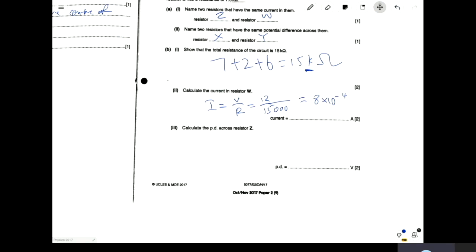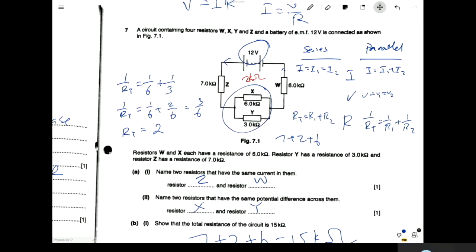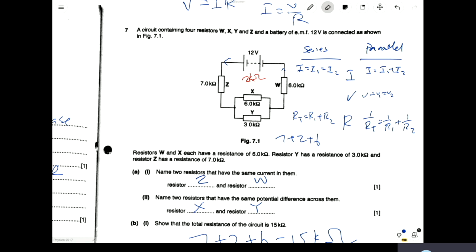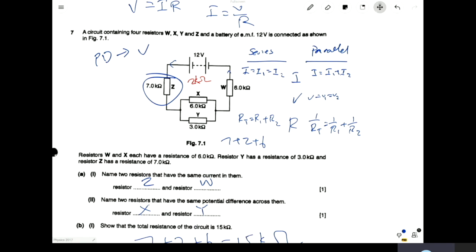Then next, calculate the PD across resistor Z. So where's resistor Z? Where is Z? 7 ohm. Yeah, 7. So what is PD? Potential difference. Yeah, we also want to find voltage. Okay, now this is the series, right? So voltage V equal to V1 plus V2.